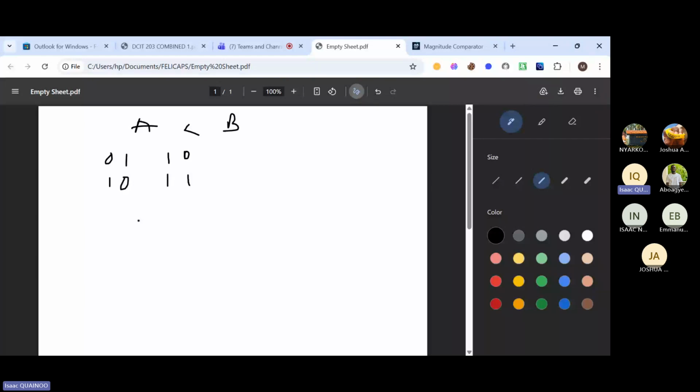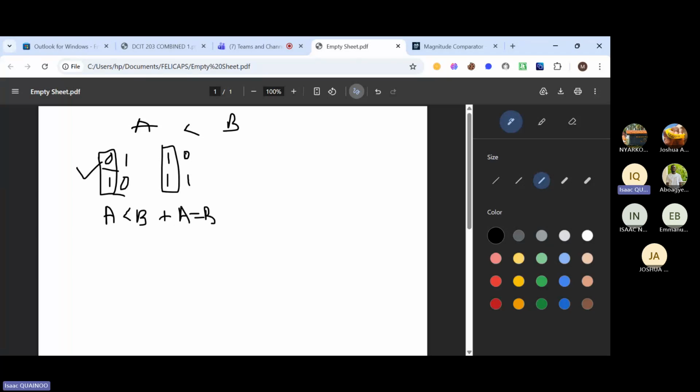So here, if you are to make the deduction, first of all, we compare our first bit. If the first bit here is smaller than the first bit here, that is A is lesser than B, then you can conclude directly that the first one here is bigger than this. Or if we check and the first bits are equal, that's A equals B.